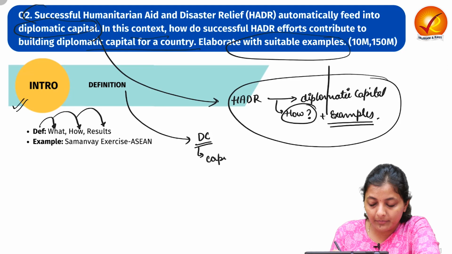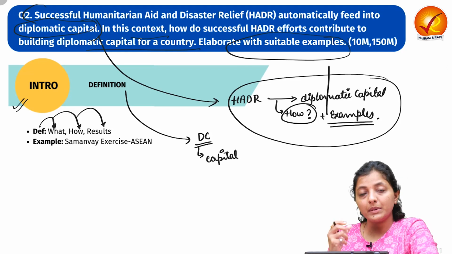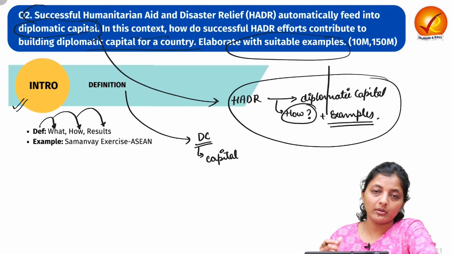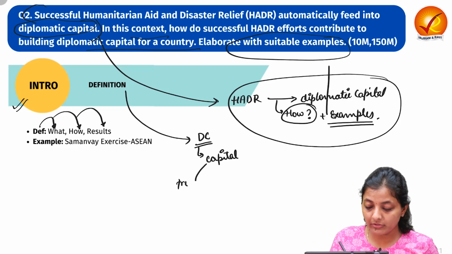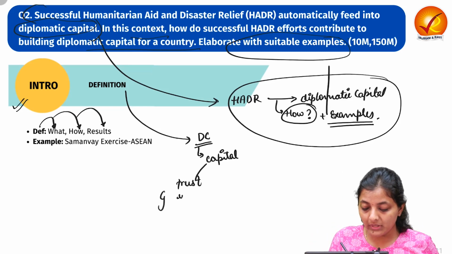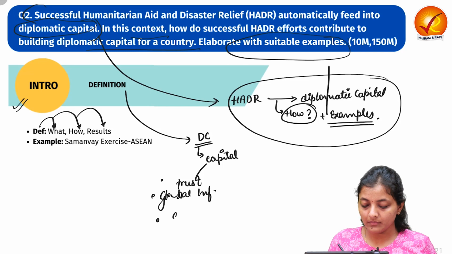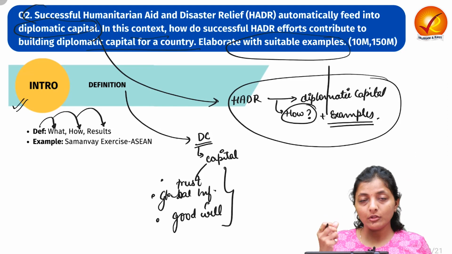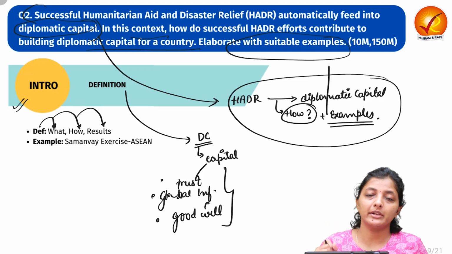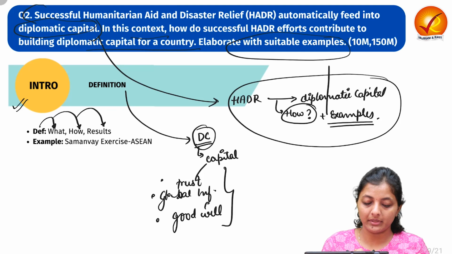The capital which is built through or gained from diplomatic efforts. What is this capital? The trust, global influence, the goodwill. So this capital is generated or built through diplomatic efforts over a long period of time. So this is diplomatic capital.